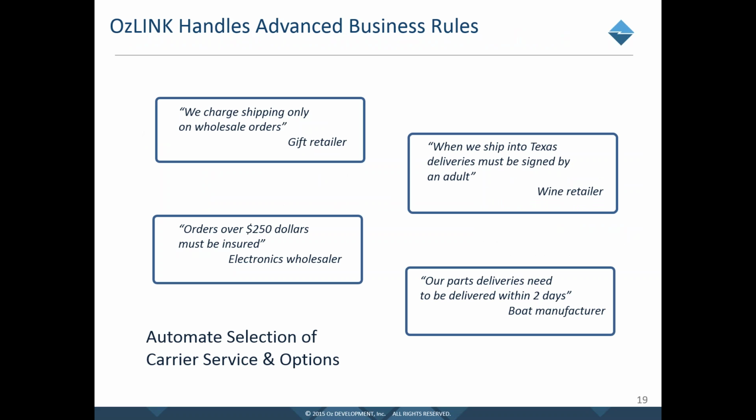And finally, most common automation is around business rules. So there might be, if you have a multi-channel, maybe there's a retail channel where the shipment's paid for up front, and writing that back.